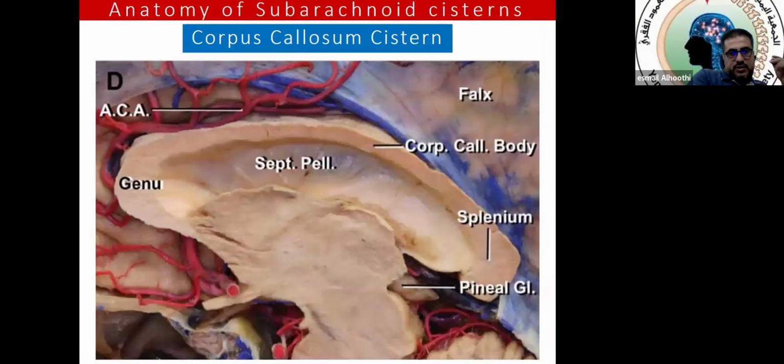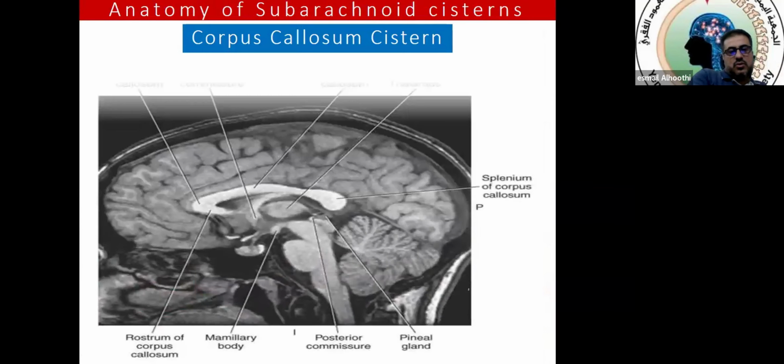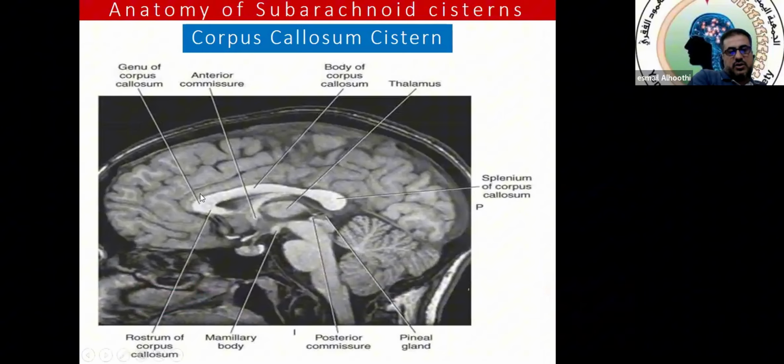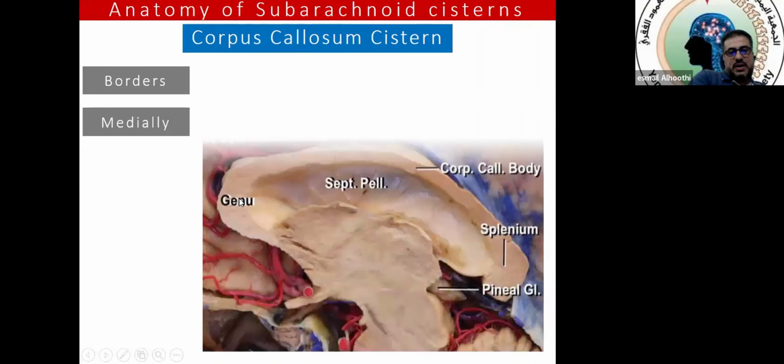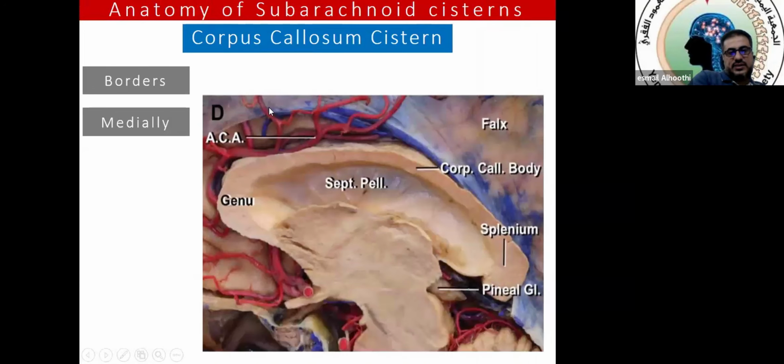Also, the corpus callosum cistern, which extends just above the corpus callosum at each side of the falx cerebri. It is bounded medially by the falx.